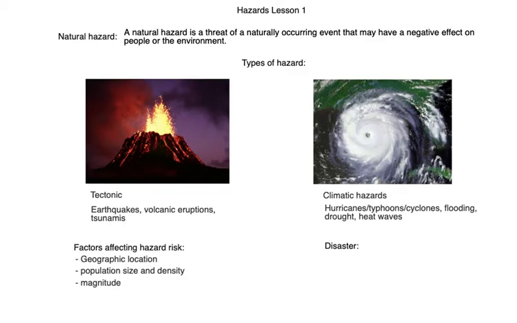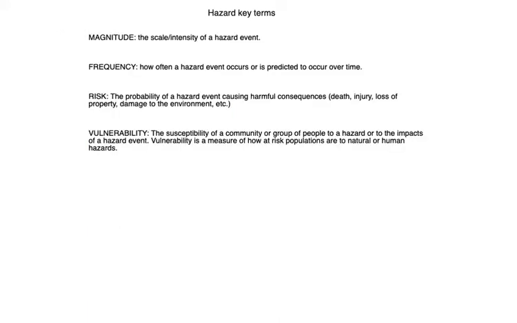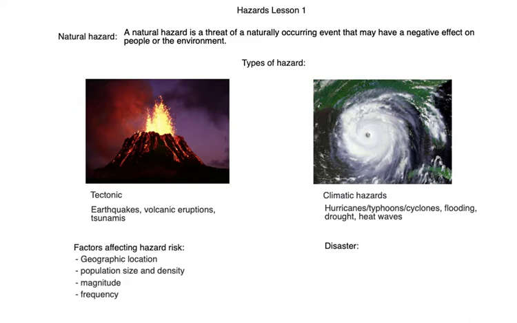So you might have guessed the higher the magnitude, the higher the hazard risk. Another factor is frequency. The frequency of a hazard event is how often that hazard event occurs over time. And of course, the higher the frequency of a certain hazard, the higher the risk as well.